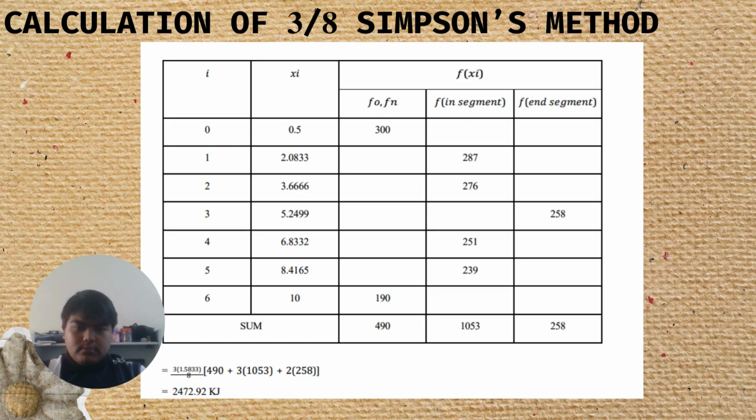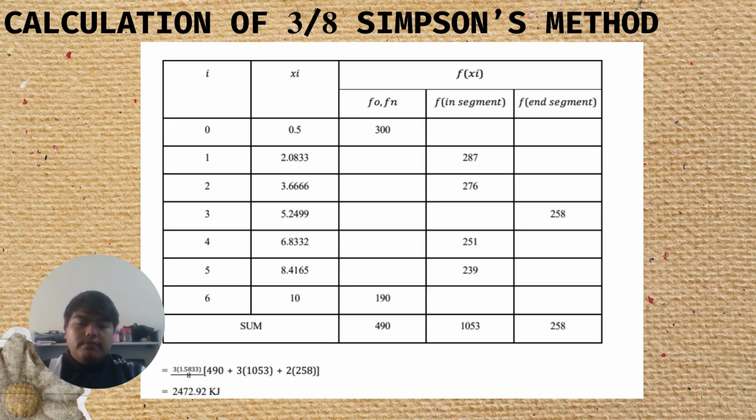Simpson rule. So we start with 0 and end with 6 for i, and x_i is the value of the volume in cubic meters. So 0.5 is the start, and we got 490 and 1553 and 258.